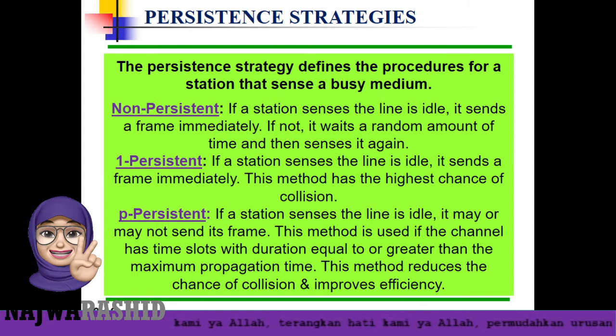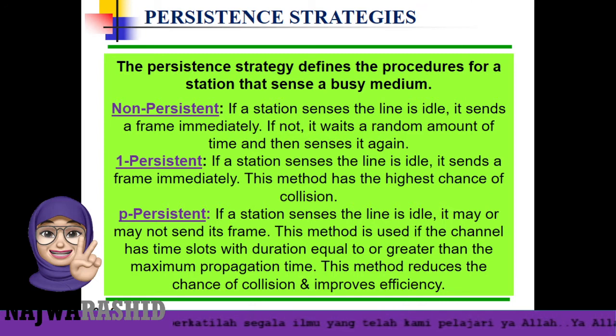Using this one-persistent method, we have the highest chance of collision, because when all stations sense the line at the same time, all stations will identify that the line is idle, so every station in that network will send a frame immediately at the same time. That's why the chance of collision is highest compared to the other strategies.